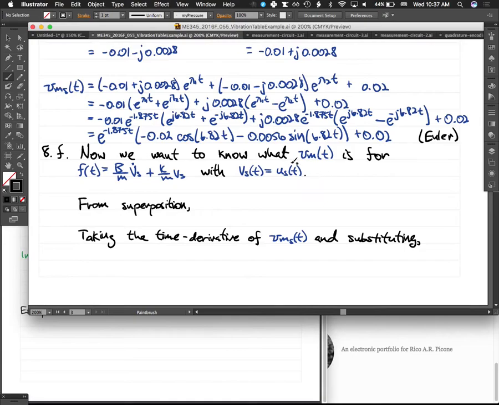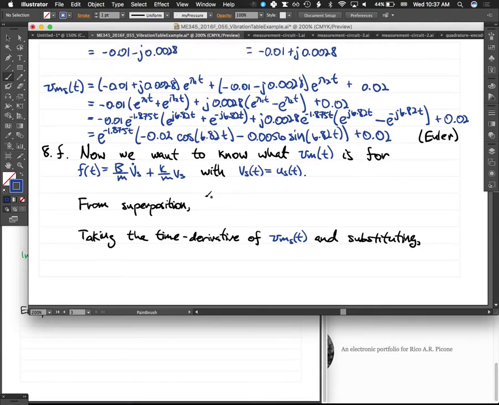We want to know what Vm is for this forcing function, like I said. So you have the time derivative, and you're adding these terms together. So you've got scaling, multiple terms, and differentiation all in one problem. Don't even accuse me of not doing the hard problems in the examples.